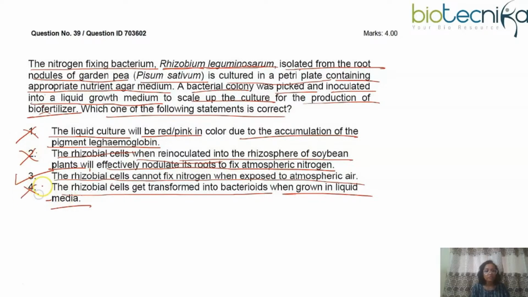So 4 is also not correct. So out of the 4, the only correct statement is option 3, which is that the rhizobial cells cannot fix nitrogen when exposed to atmospheric air. So in that scale up system, you have to make sure that somehow the oxygen is removed, or anaerobic conditions are provided, or very low levels of oxygen are maintained.